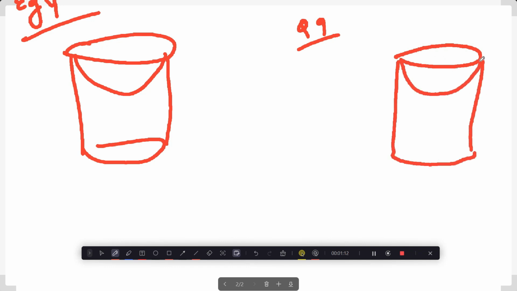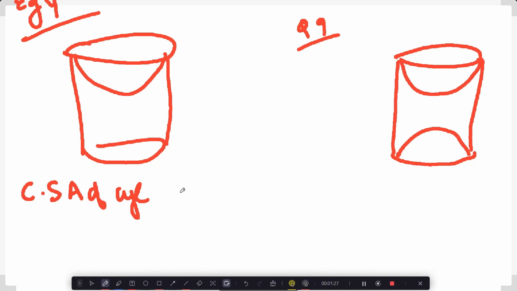solid with a depression made like this. So how will we get its answer? It will be the curved surface area of the cylinder. We are looking at the surface area, so we're asking to find the curved surface area. So it will be the curved surface area of the cylinder plus the curved surface area of this hemisphere.